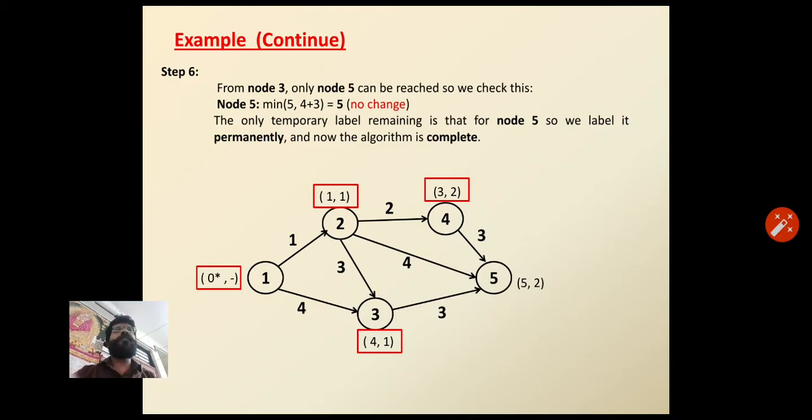So, minimum value of node 5 is 5. So, this is the smallest value from the old and new value, so it remains unchanged. The only temporary label remaining is node 5. So, we label it permanently because there is no other node remaining, and now the algorithm is complete.